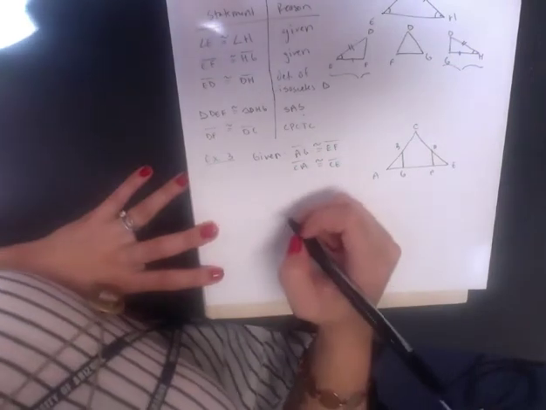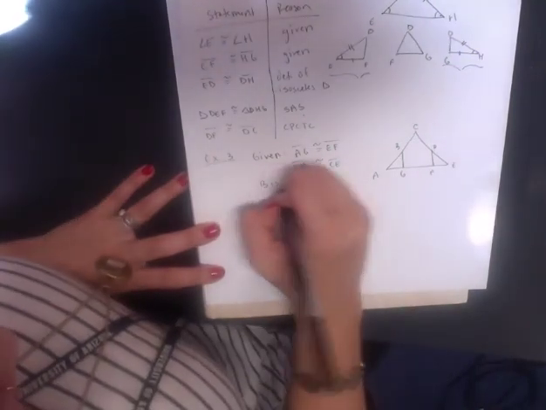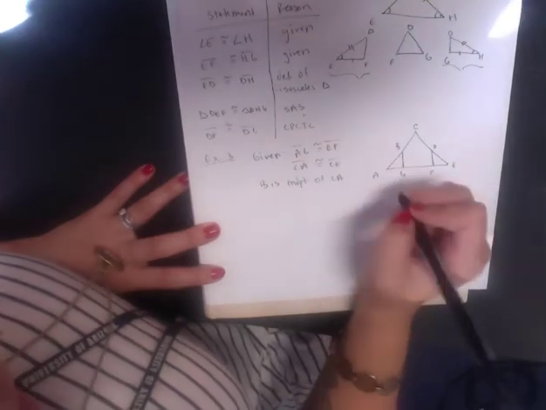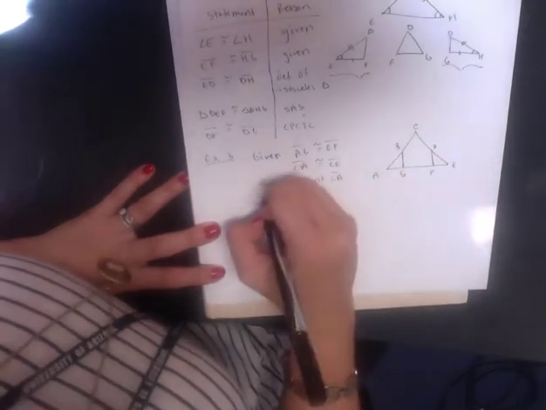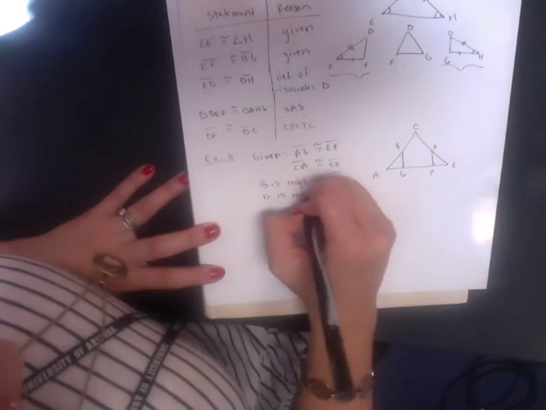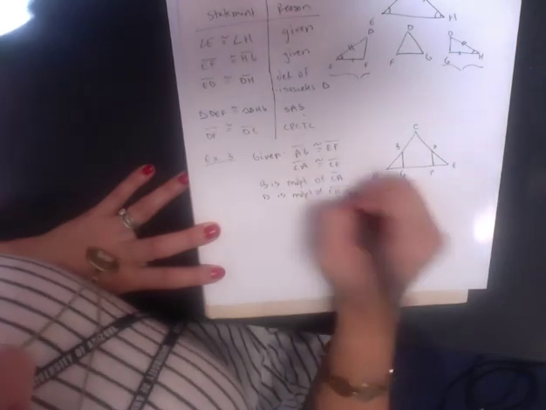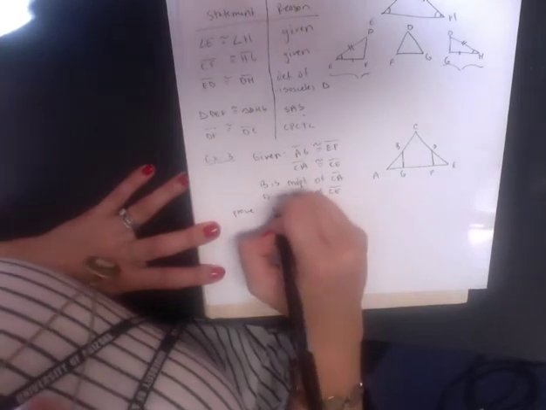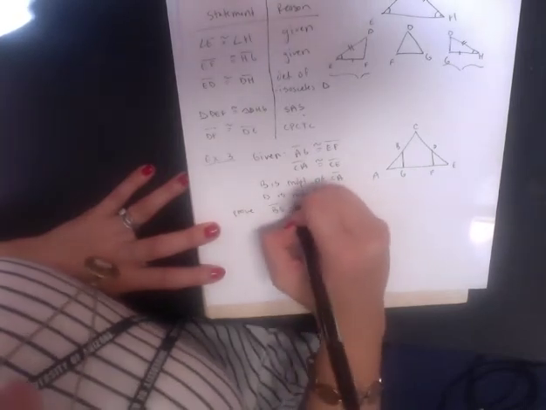And I'm also going to say that B is the midpoint of CA and D is the midpoint of CE. That's all given. And we are going to prove that BG is congruent to DF.